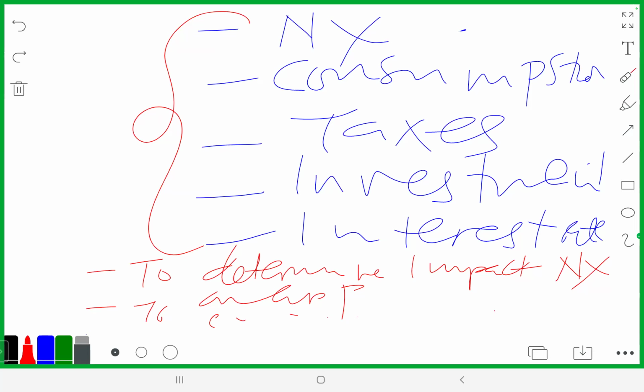We want to determine the impact of taxation on GDP. We also want to examine the influence of investments on GDP. And finally, we want to assess the influence of the interest rates on what? On GDP.